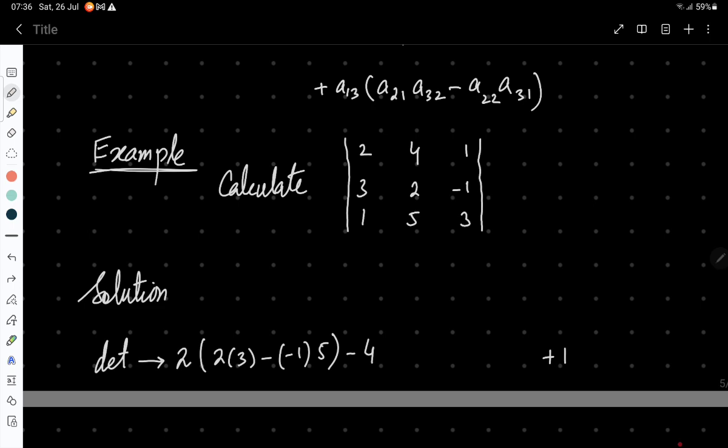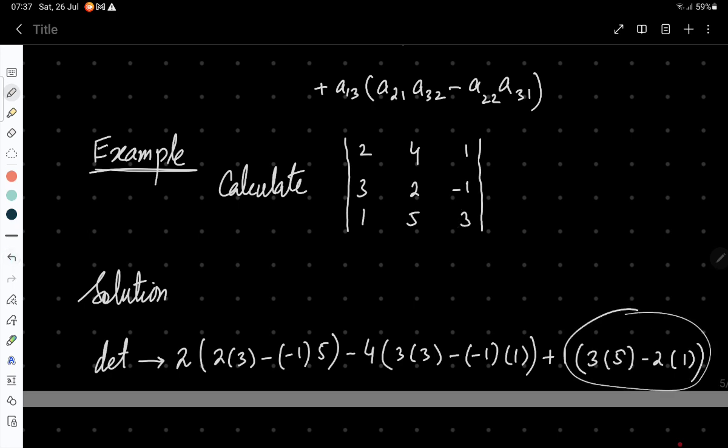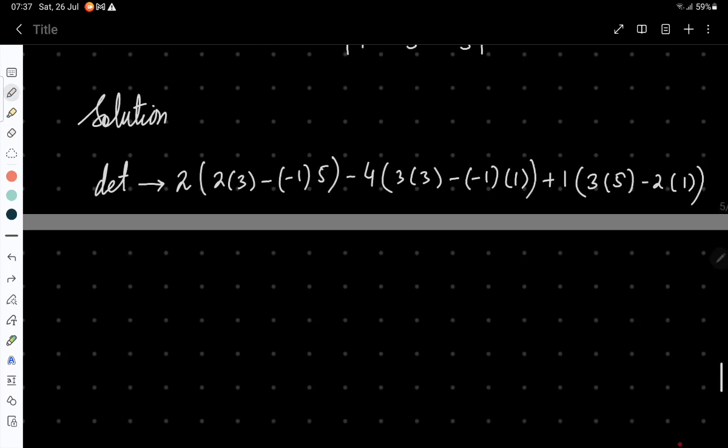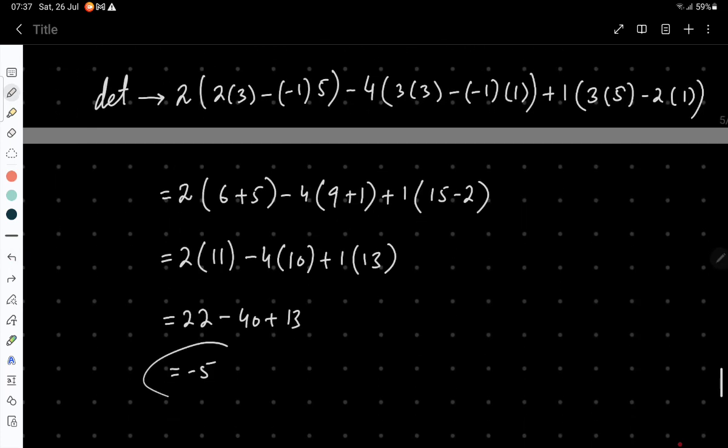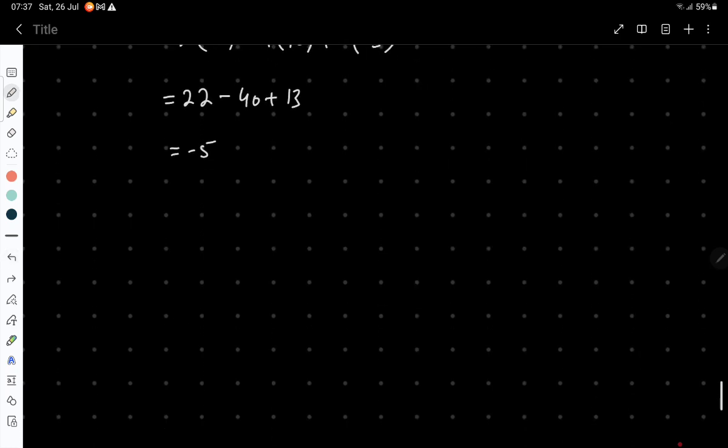For the second entry, I will write the determinant of this submatrix, which is this, you can check. And for the last entry, the determinant of this submatrix is this, you can check. Now if I do the calculations, I will get the determinant equal to -5. You can check the calculations.